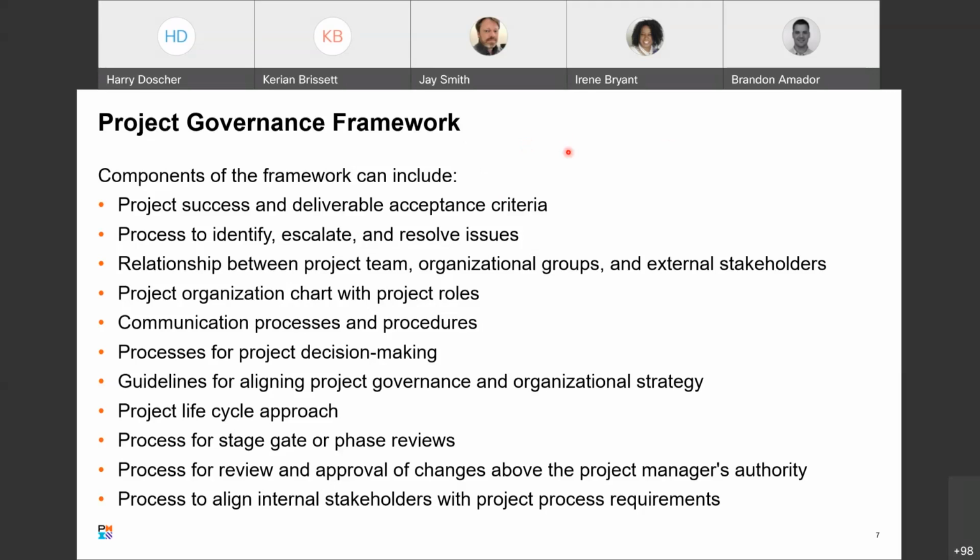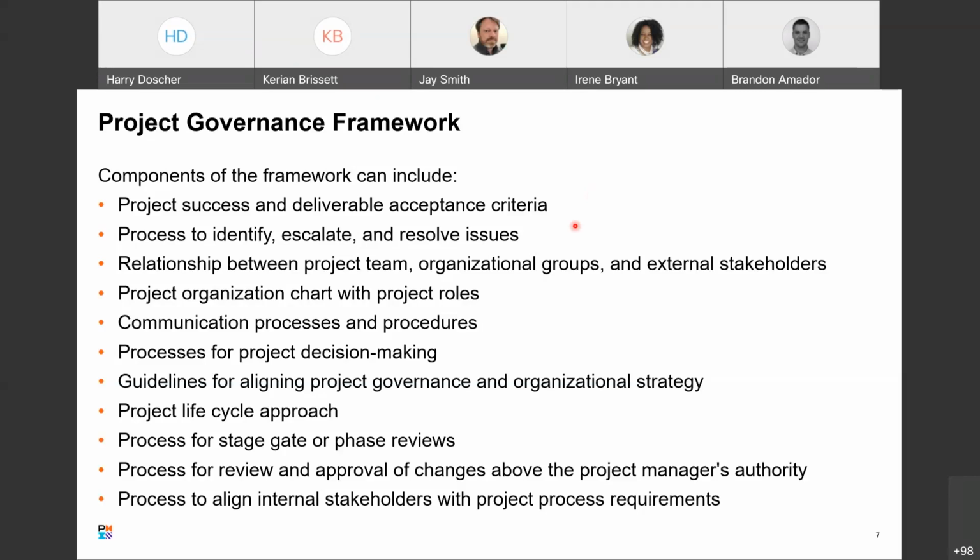All right. So the project governance framework, know the components, know the list, understand what each one of these is. So the project success and deliverable acceptance criteria. See this a lot in agile projects, where you have a formal list of acceptance criteria for each of the phases and for the project itself.